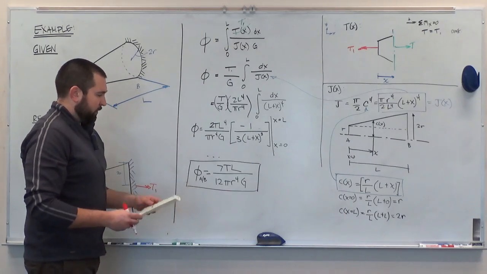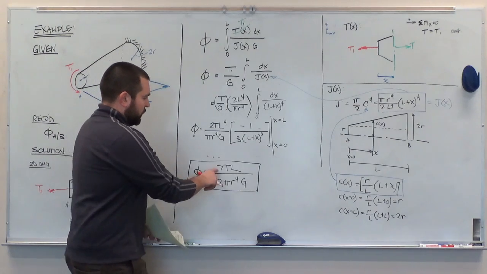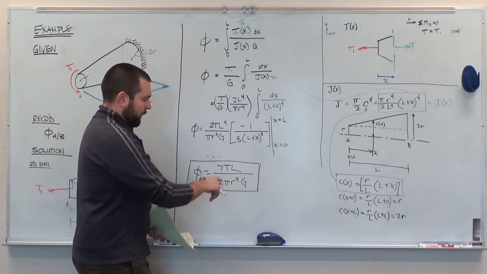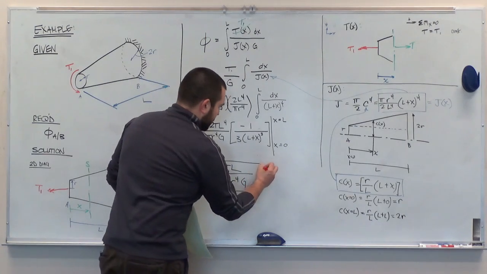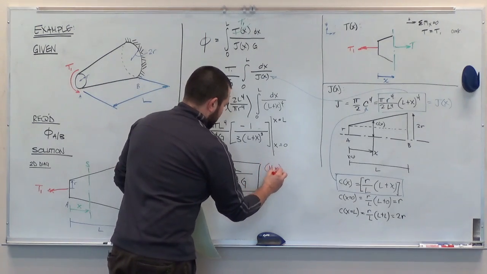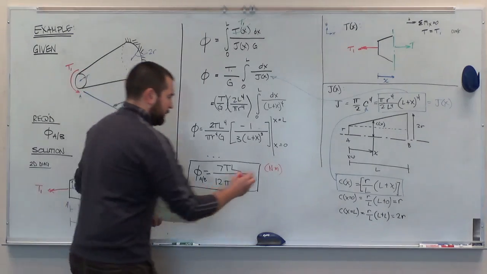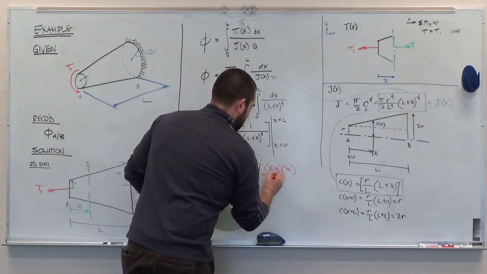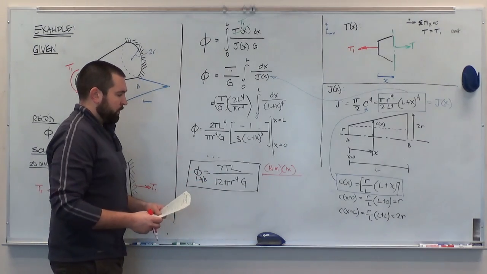I'm just going to put in some examples of SI units here to make sure that everything works out. So 7 is just a constant value that doesn't do anything to the units. Capital T, that's torque, so I'm going to put that in newton meters. L is the length, so I would put that in meters. Divided by 12 times pi, just a constant value, no units to it.